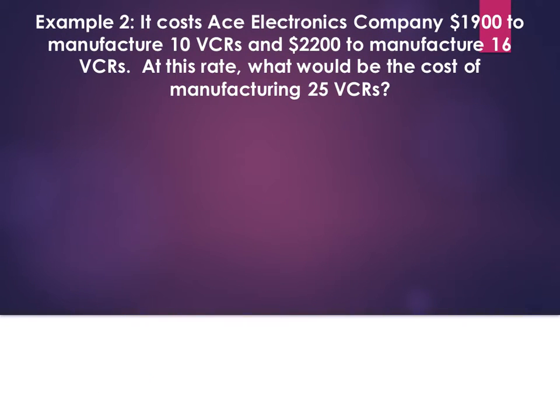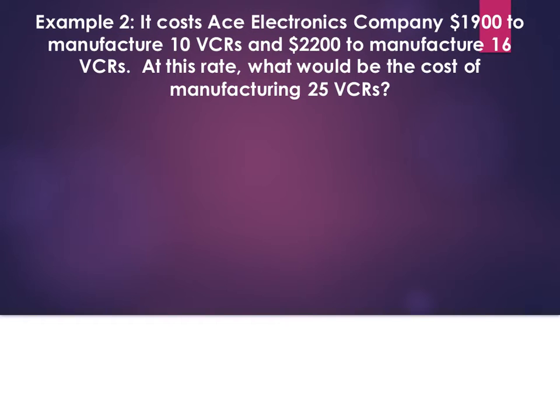All right. It costs Ace Electrics Company $1,900 to manufacture 10 VCRs, and then $2,200 to manufacture 16 VCRs. At this rate, what would the cost of manufacturing 25 VCRs be?